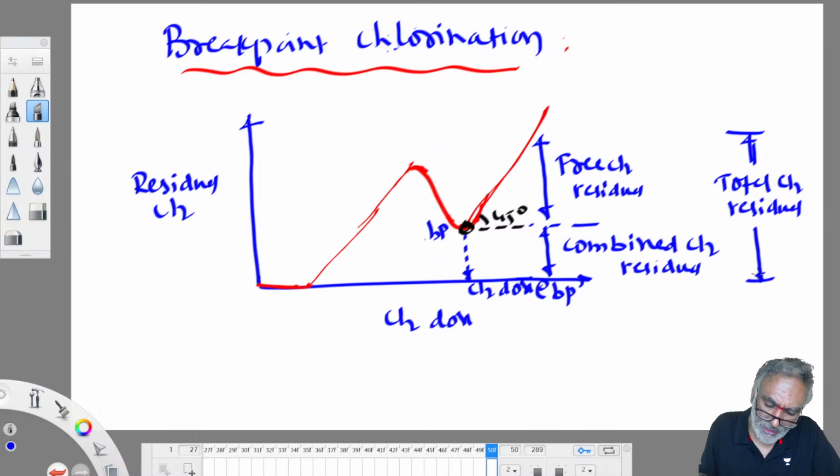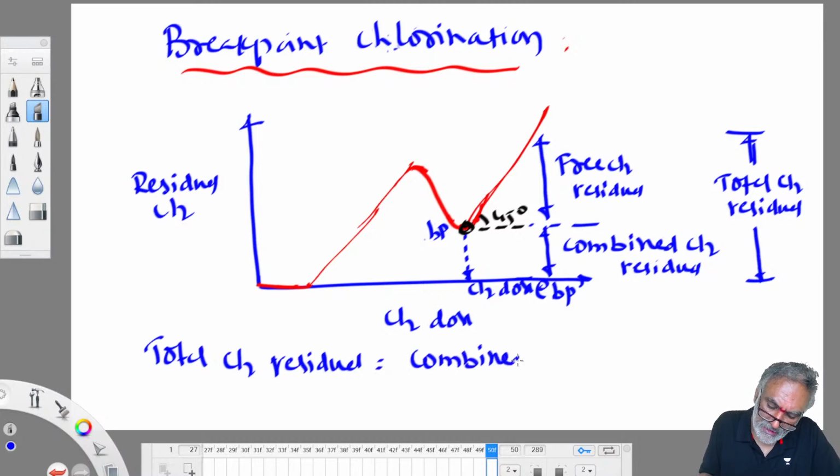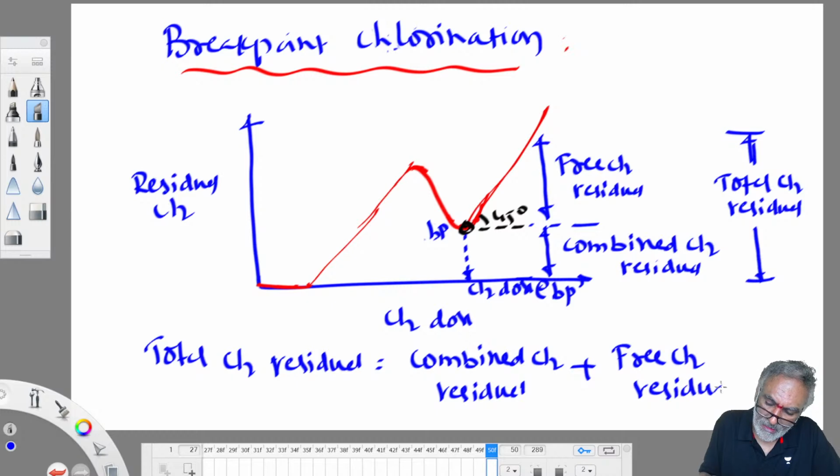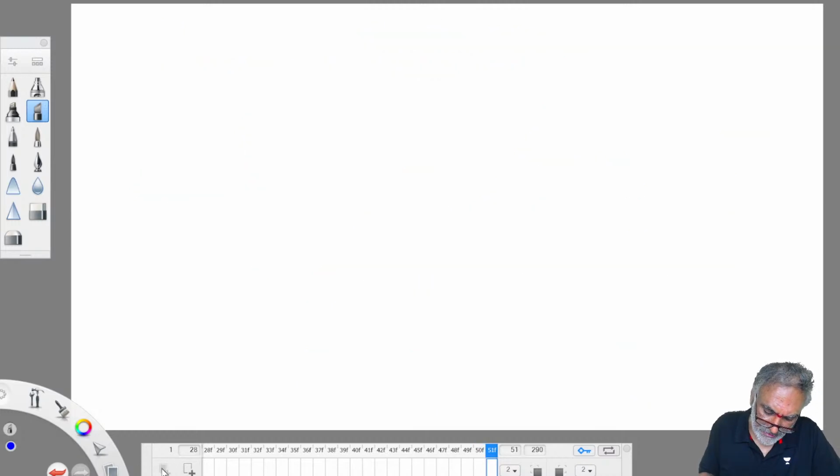So that is what we are expected to find out. Total chlorine residual is equal to combined chlorine residual plus free chlorine residual. Then what is combined chlorine residual?